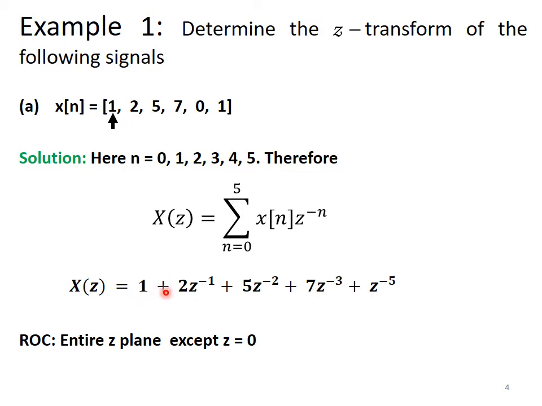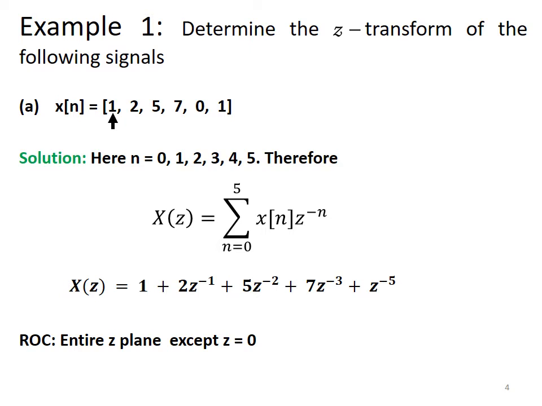For example, for z equal to 1, you will get some finite value, z equal to 2, you will get some finite value, but when z is equal to 0, it would involve division by 0 in these terms. Division by 0 is undefined or infinite, therefore it is considered a divergent sequence, not converging at z equal to 0. So for all other values of z, it is converging.